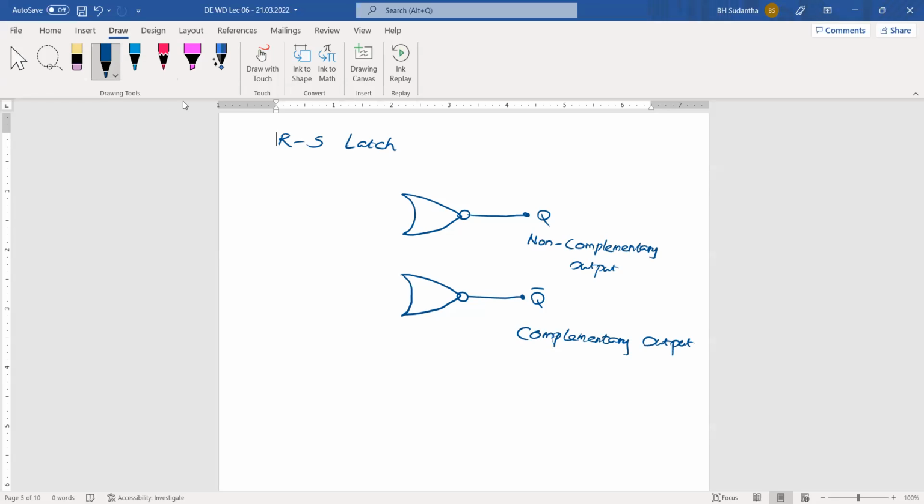Here we have one input, this is R, and this is the other input, S.